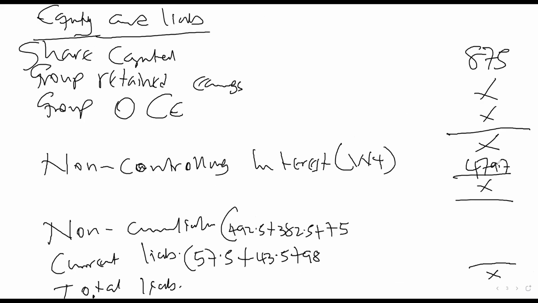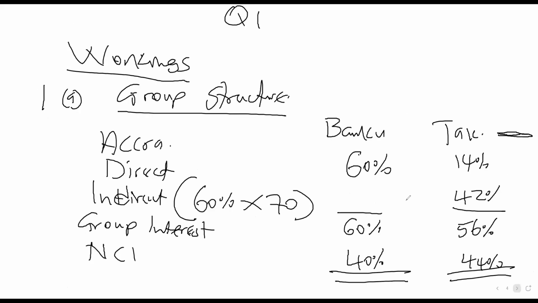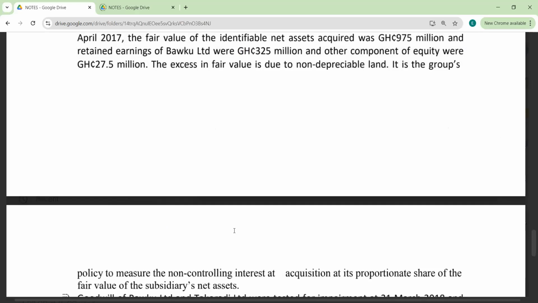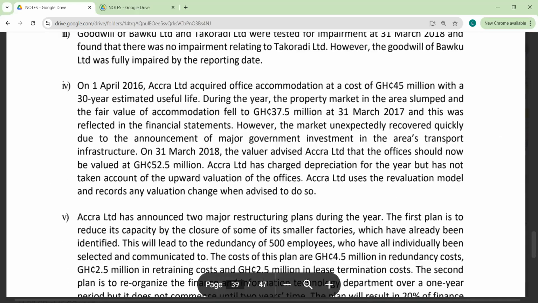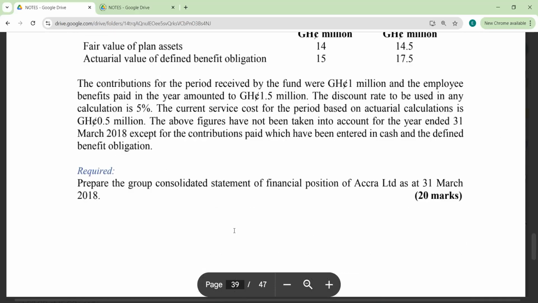I'm done. All right, so we are going to do group retained earnings, but please, group retained earnings should be your last workings. Two footnotes, then we are done with this question. Slowly, we are done. You see, group retained earnings, there will be a lot of footnotes affecting group retained earnings, so do it last. And there will be a lot of major issues that will affect the parent. Typical example, note 4, note 5, note 6.